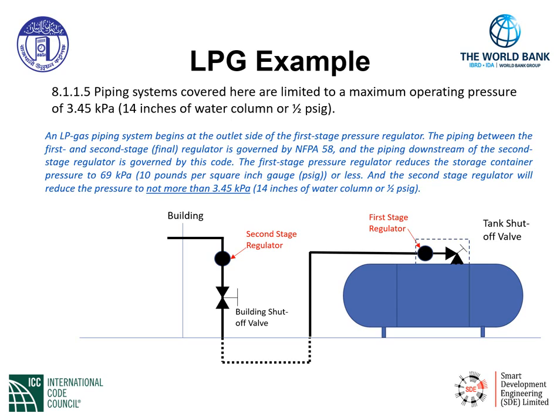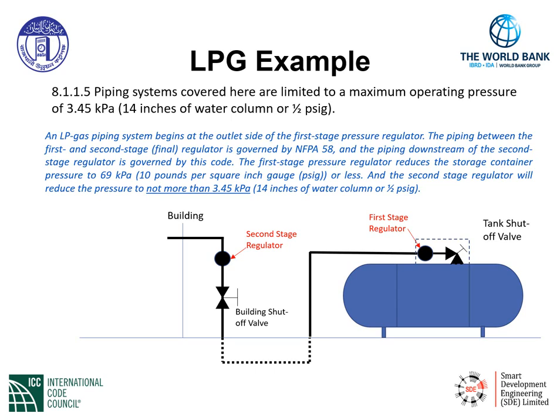With respect to this LPG system, as you can see, we have a storage tank which contains the LPG gas, perhaps. And on the top of the tank, we have a tank shutoff valve. We have what's called a first stage regulator that reduces the gas pressure from the tank supply.